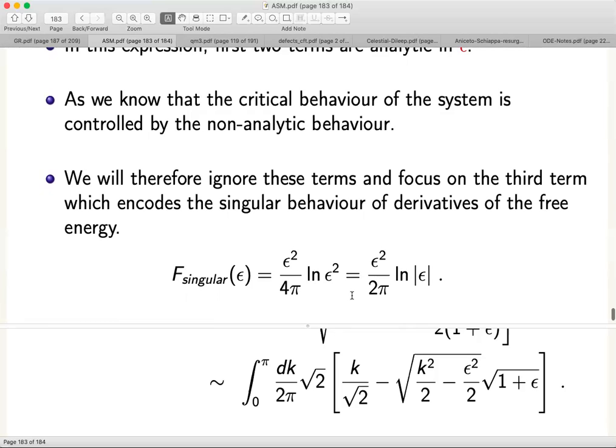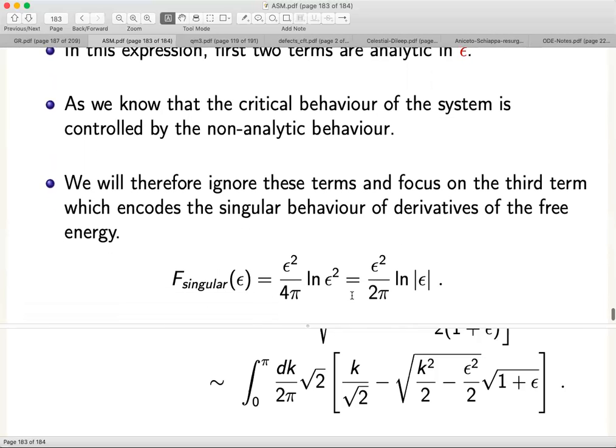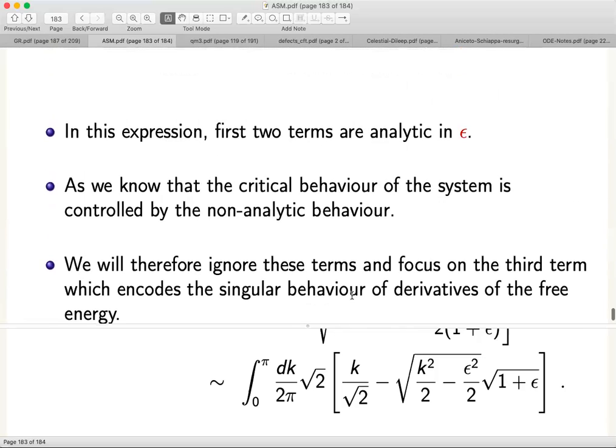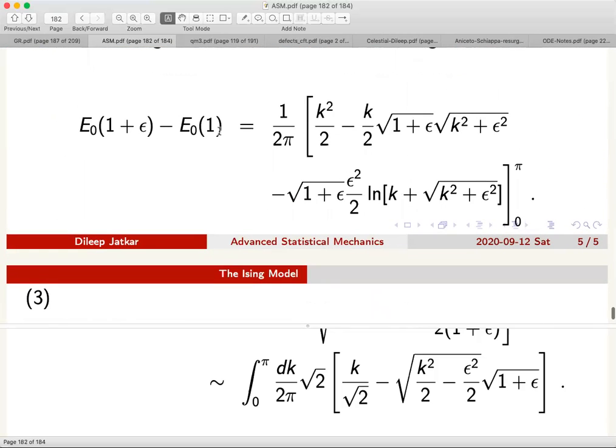I should just check the correctness. Notice one thing: we are seeing this behavior because we are interested in looking at this energy difference in the neighborhood of the k going to zero limit. In that neighborhood, as k goes to zero, this term would vanish and this term would also vanish, and therefore the expression really depends on what is happening with log of epsilon.